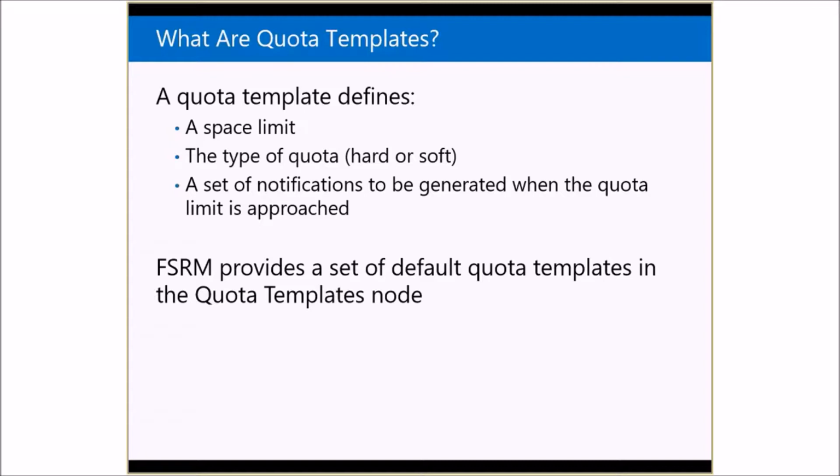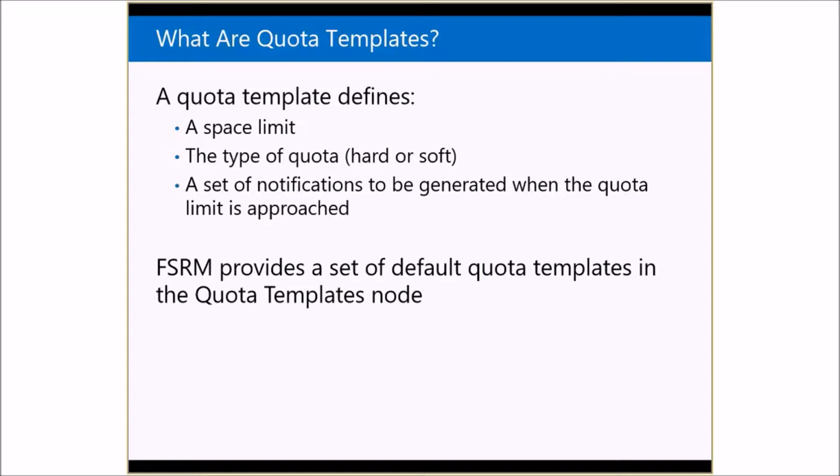Okay, when we create a quota template, we define the space limit, we define whether it's a hard quota or a soft quota, and we actually define the set of notifications to be generated when the quota limit is reached. And then if it's a template, we can just grab this template and create a new quota with this template for this user or for this group of users, and we won't have to go through each and every one of those settings again. It's already done for us. We just use it, and it's already predefined.